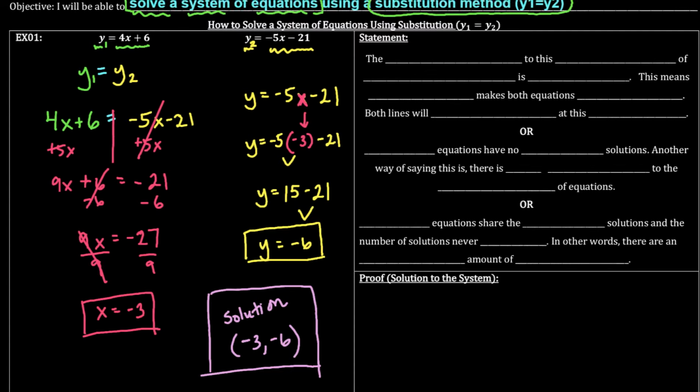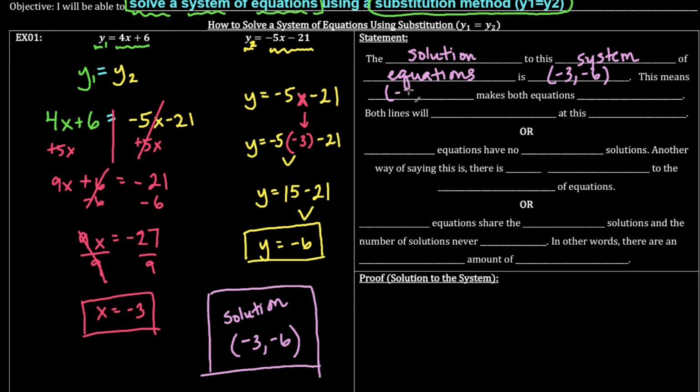So the solution to this system of equations is negative 3, negative 6.